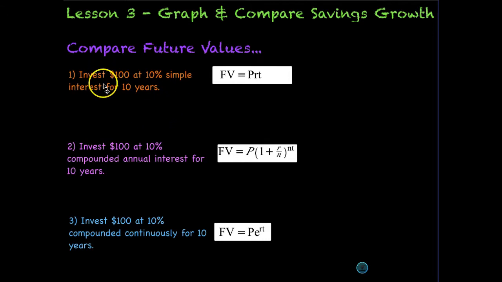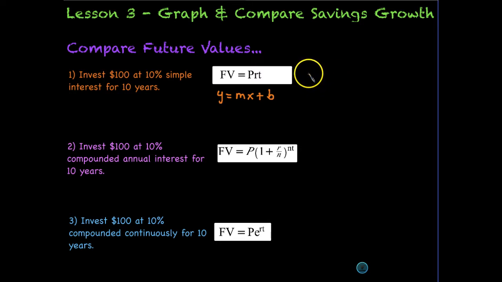In our first example, we're going to invest $100 at 10% simple interest for 10 years. And remember that this is our formula. So when we write this out and make it fit into this, we want to keep in mind that we're trying to follow y equals mx plus b. And that is our linear equation written in y equals mx plus b, or slope-intercept form.